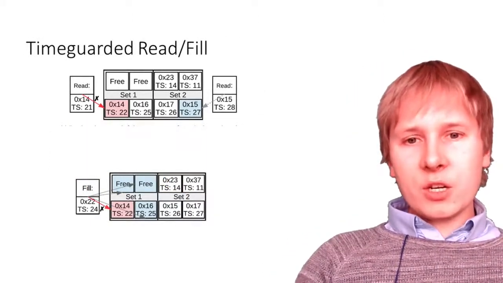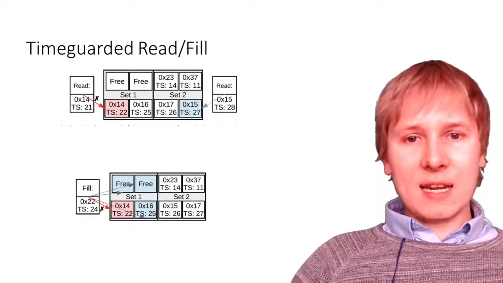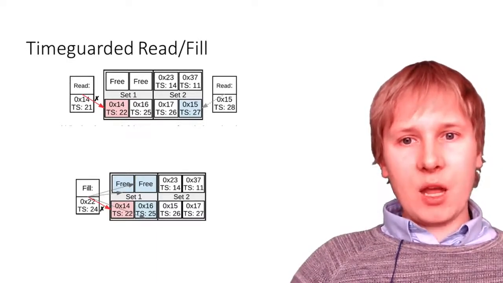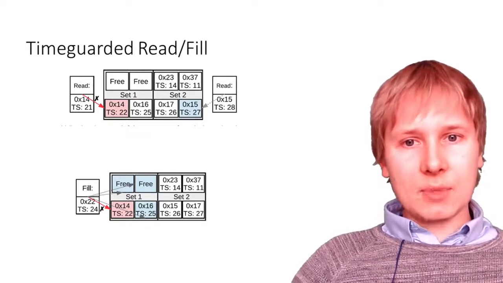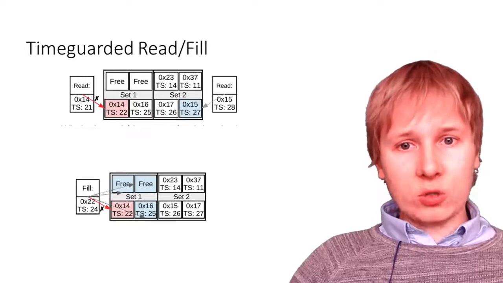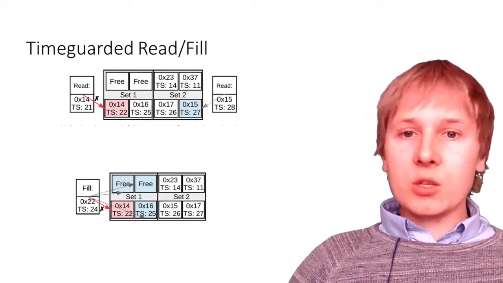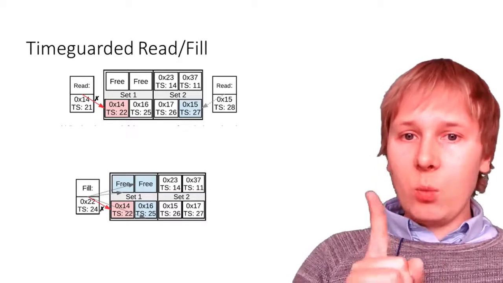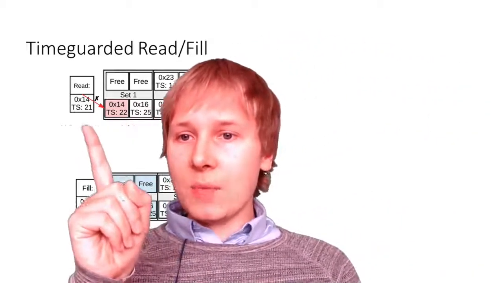So I've mentioned that just storing all speculative state inside a GhostMinion isn't enough to prevent these channels, because you still get a backwards-in-time side channel if you can see things that other instructions have caused to happen inside that GhostMinion. So the restrictions that you have to have look like this. What we've got up here is a read, and this read is at timestamp 21.